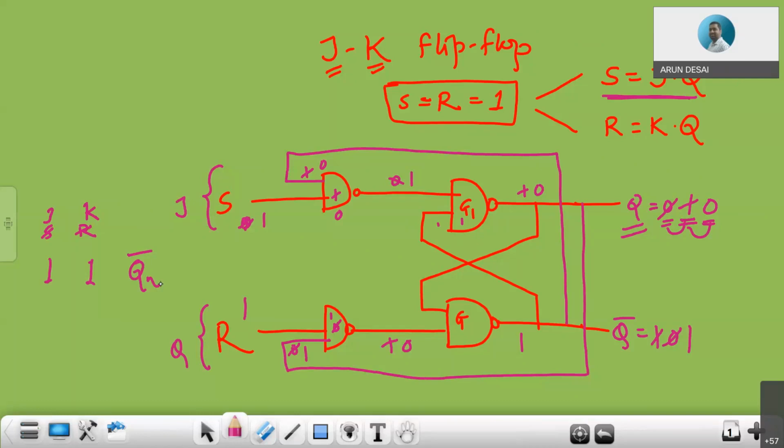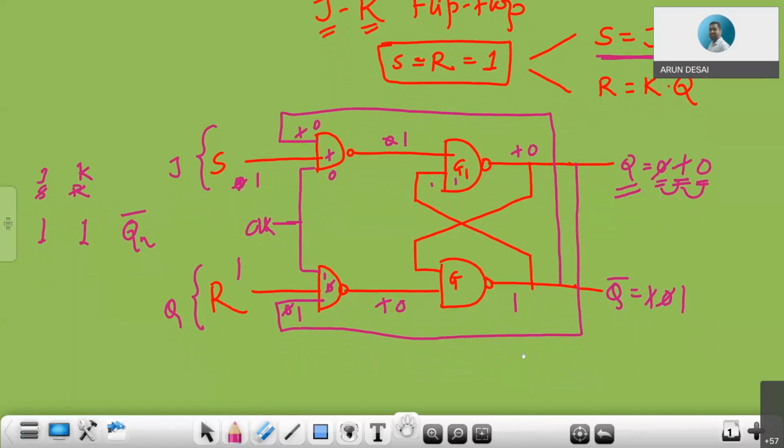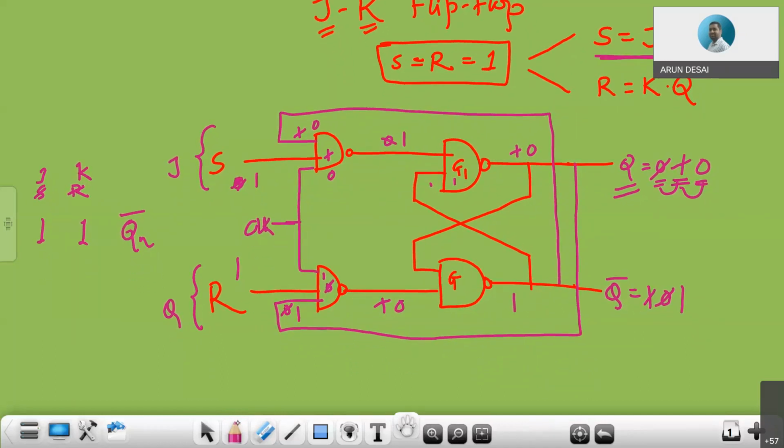So this is how things are going on. It depends on the clock input. So this is how it is converted to JK input, and this is about the J and K flip-flop.